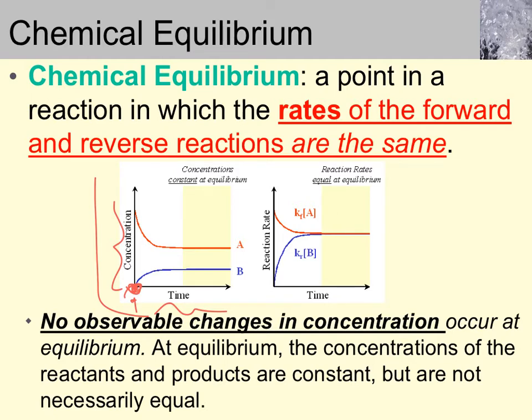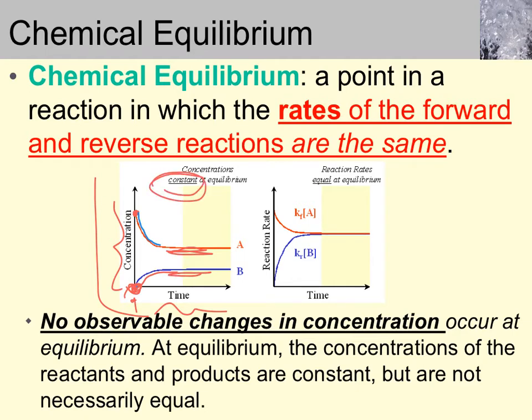And the concentration of the reactant is quite high in the beginning. Over time, of course, the concentration of reactant decreases, and over time, the concentration of the product increases.